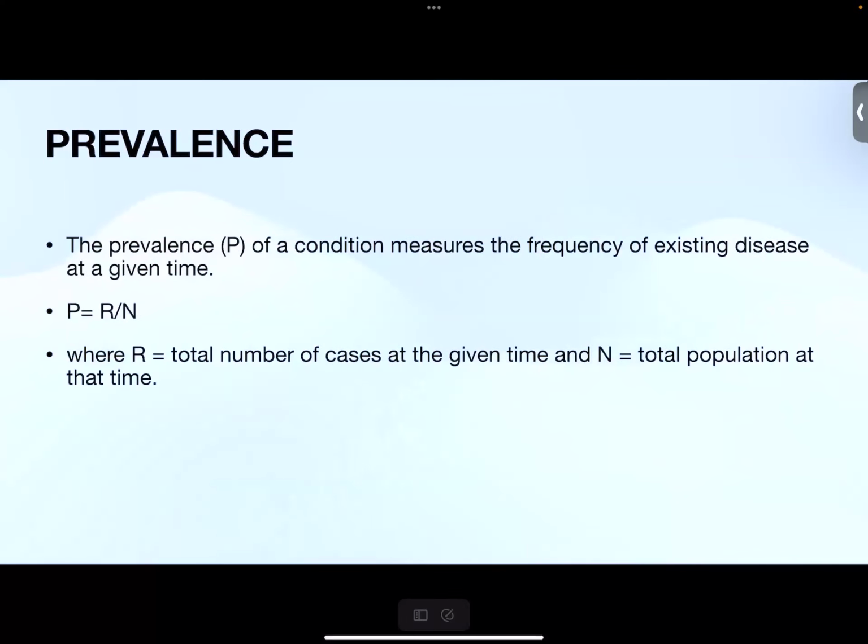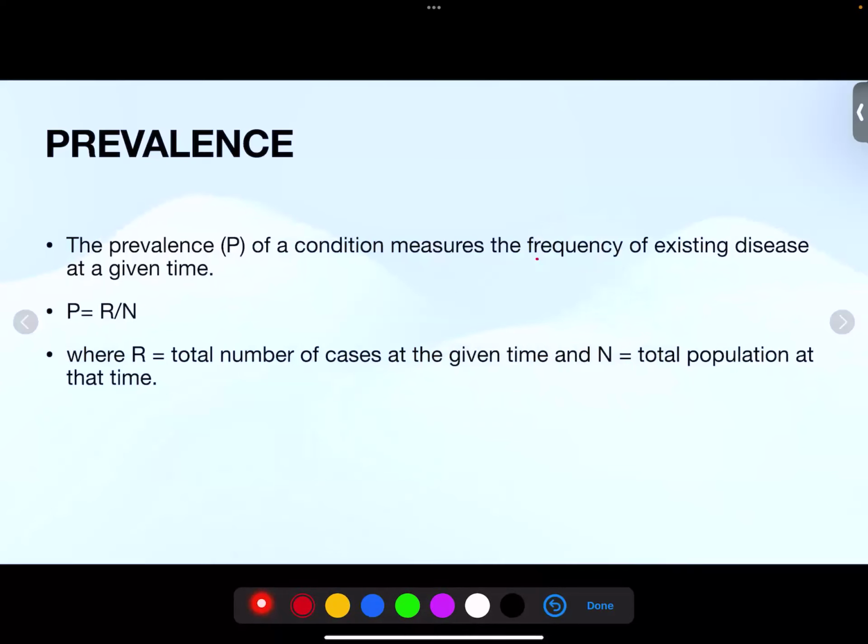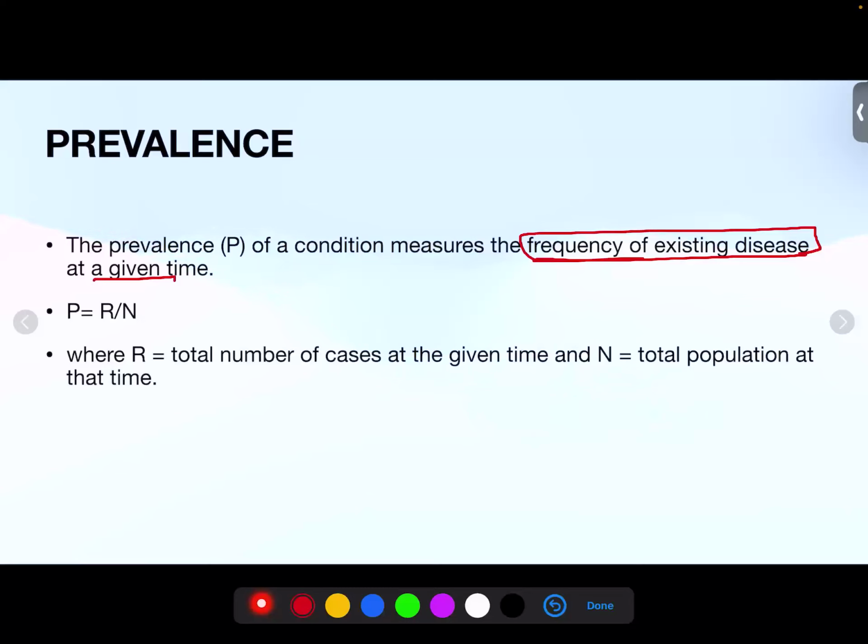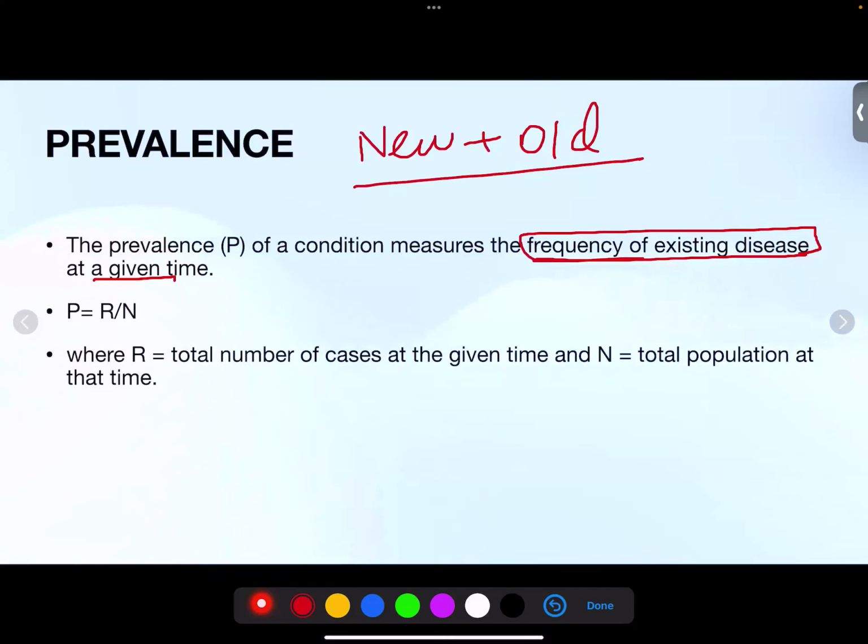And prevalence is the frequency of existing disease at a given time. Now, in prevalence, you include all the cases, the diseased patients who are present. So it is not only new; you can say new plus old, all disease is present in this prevalence.